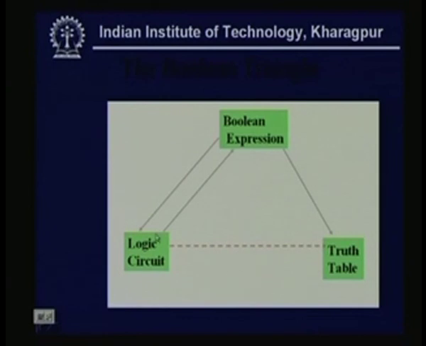Now, if the logic circuit is given, the Boolean expression can also be evaluated from there. Similarly, if the logic circuit is given, the truth table can be constructed. If the truth table is given, then the logic circuit can be designed from the truth table. So, today we will see how this Boolean expression can be built up.